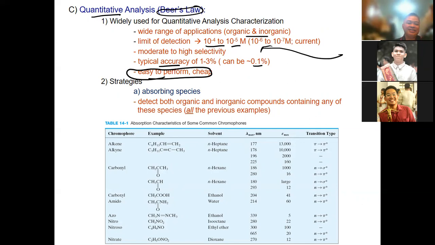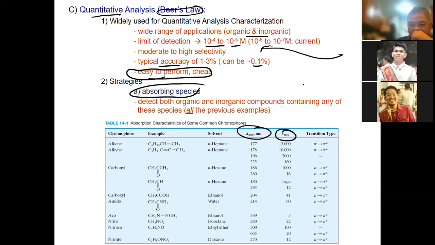So the strategy here, you look at the absorbing species, so you detect both organic and inorganic compounds containing any of these species. So we have the absorption characteristic here, so you can look at the lambda max. Once you have the lambda max, you can get the molar absorptivity.